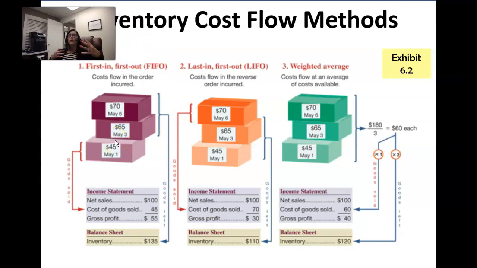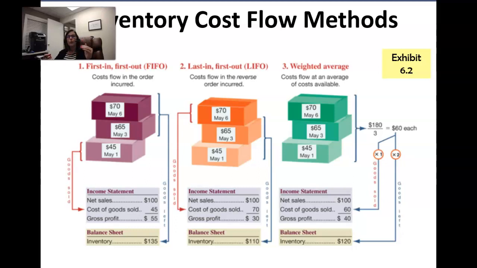So looking at 3 of these methods here, we've got first in, first out, last in, first out, and weighted average. We can see identical transactions that have occurred, but they're going to yield different numbers because of how inventory is tracked.